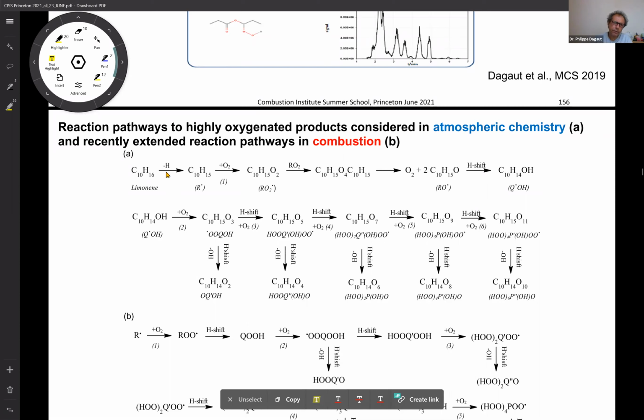And they have also been proposed to be used as drop-in fuels because their energy content is relatively high. So there are some studies on terpene oxidation in the combustion literature, but there are many more papers dealing with terpene oxidation in atmospheric chemistry journals.